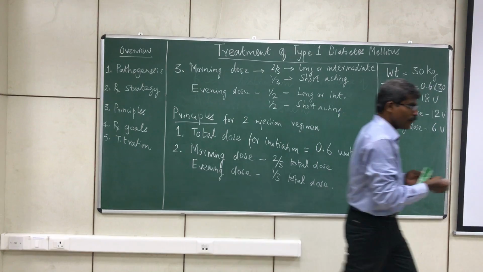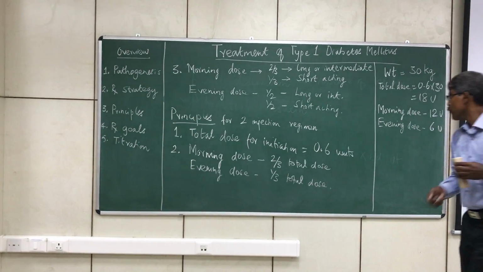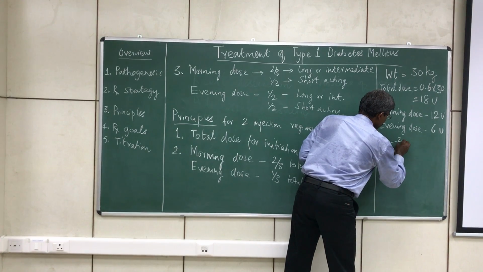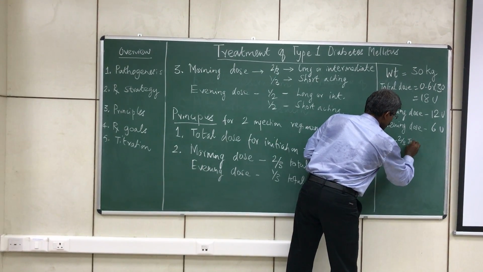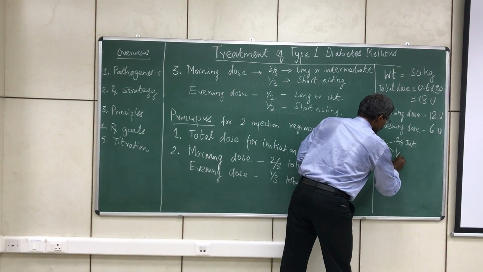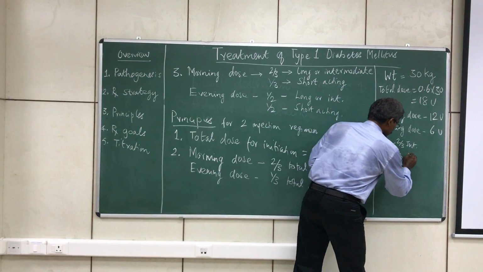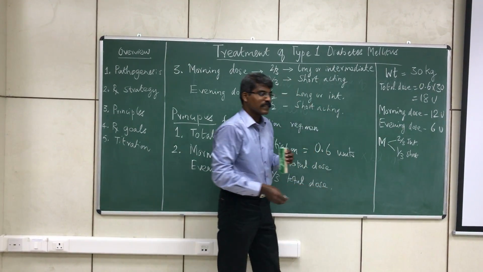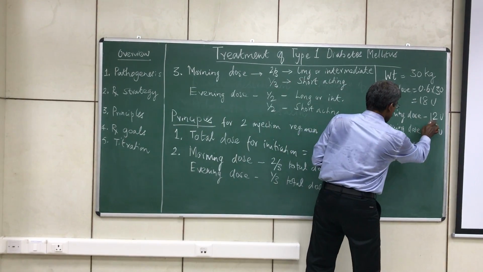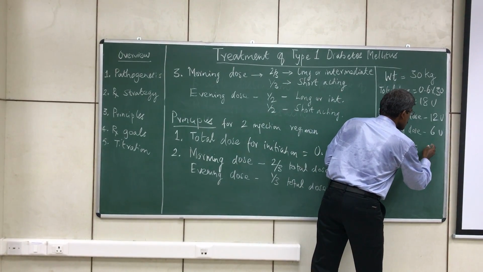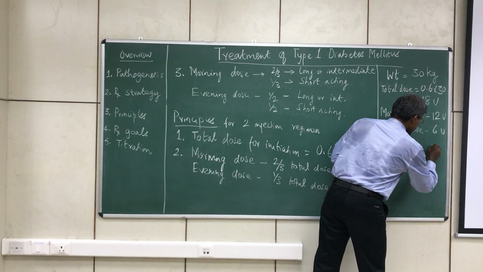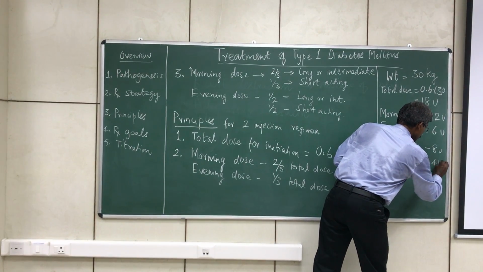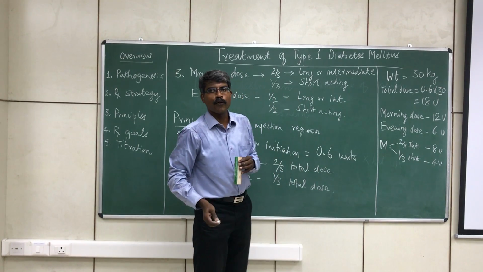Now again, if we divide the morning dose, it is divided into 2/3 intermediate or long acting and 1/3 short acting. Now 2/3 of 12 is 8 units and 1/3 short acting becomes 4 units, isn't it?